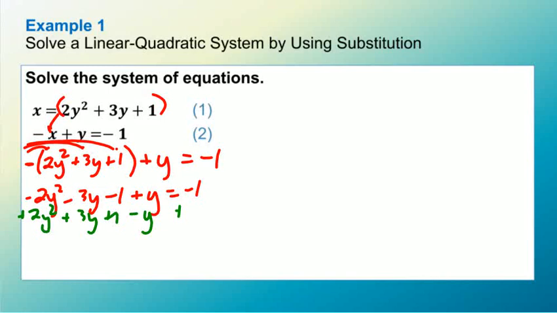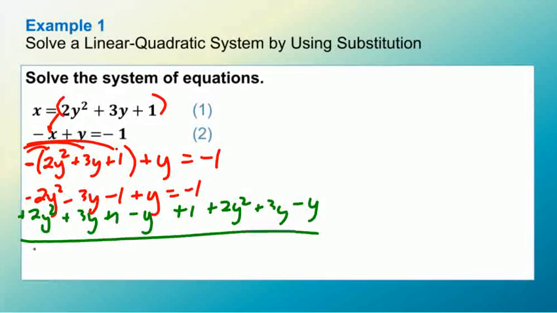So right now I have 0 equaling 2y squared plus 3y minus 1y is 2y, and then negative 1 plus 1 is 0.